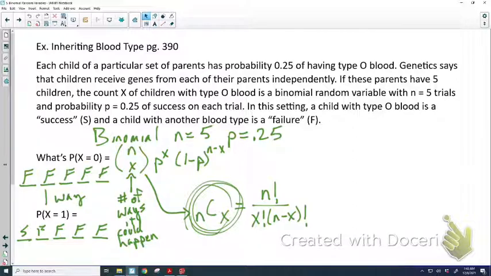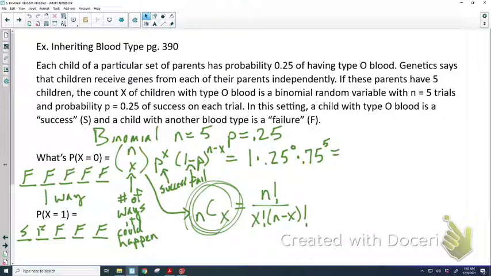But X equals 0 is very easy. We already know the answer. It's one way. This is the probability of success, and this is the probability of failure. So for this problem, there's one way, and there are no successes and 5 failures.